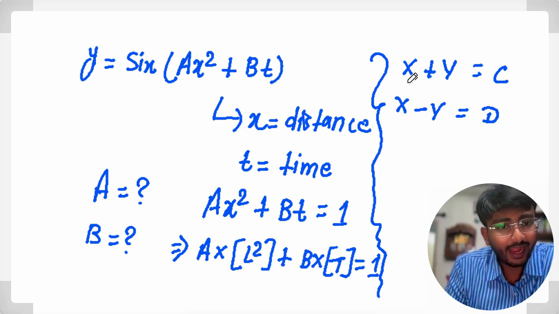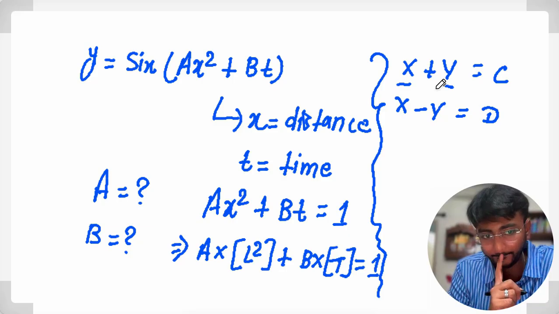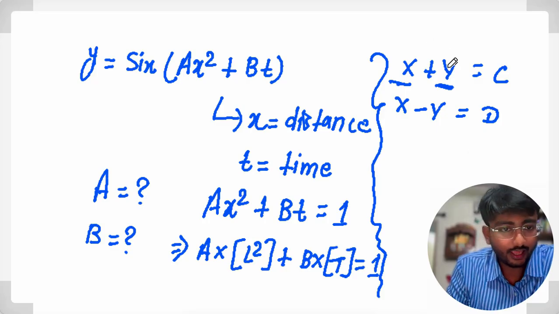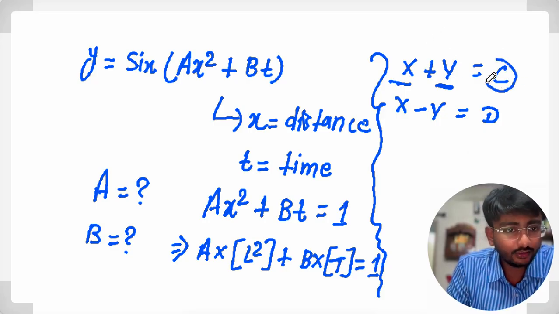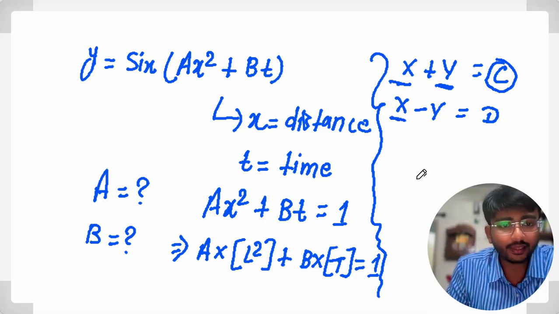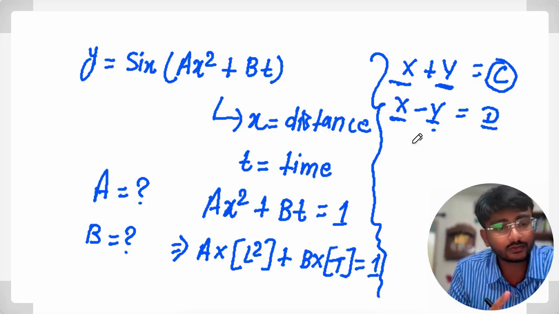Now you can add only those quantities which have similar dimension. It means the dimension of x and the dimension of y will be the same, as well as the dimension of c. In the same manner, the dimension of x and the dimension of y will be equal to the dimension of d.